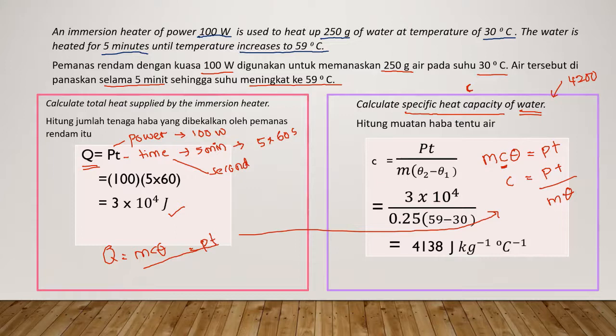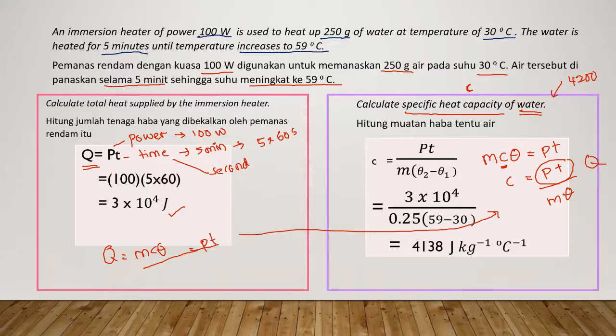So kita put all the information given. Pt ini ialah Q. We already got the Q from the beginning, from question number 1 tadi.